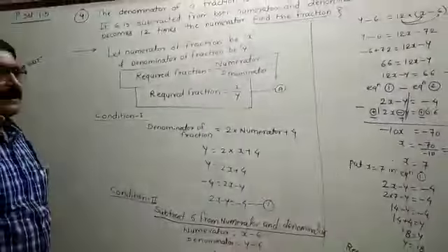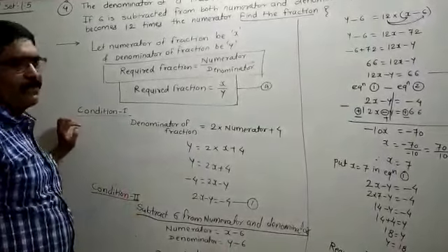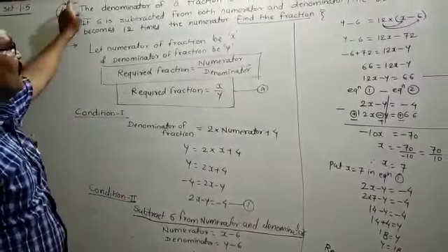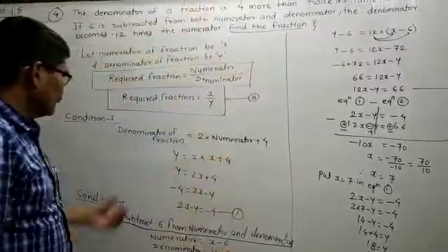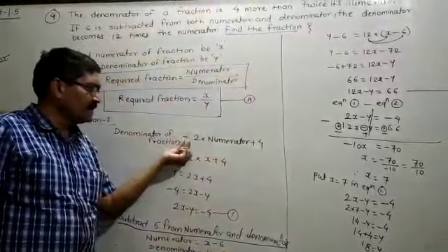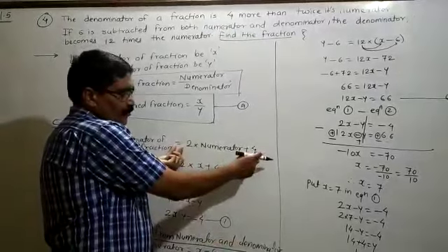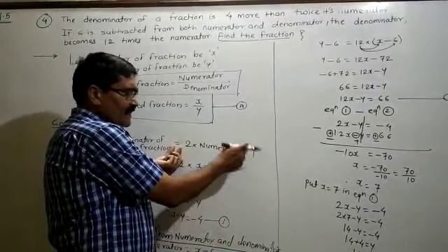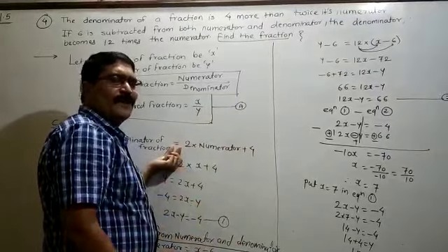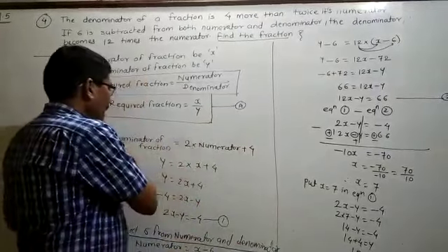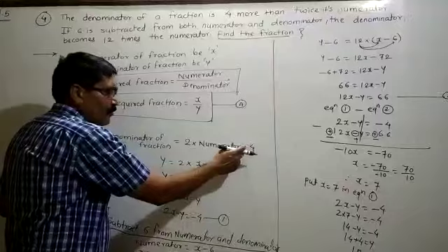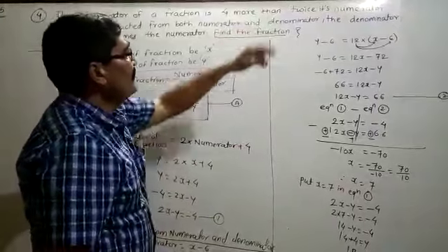Everybody understand? After that you have to read the condition properly. First condition, the denominator of the fraction is 4 more than. If less, at that time subtraction. If more, at that time addition. The denominator of the fraction is 4 more than twice its numerator.